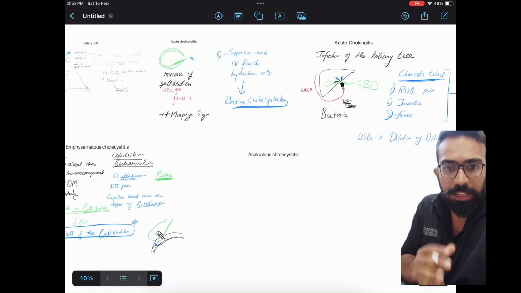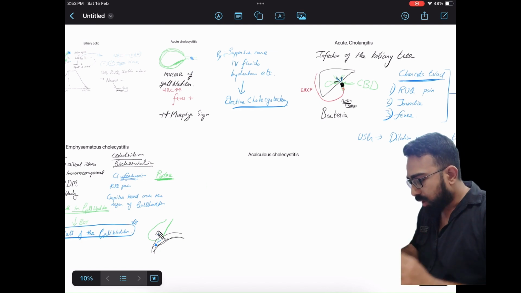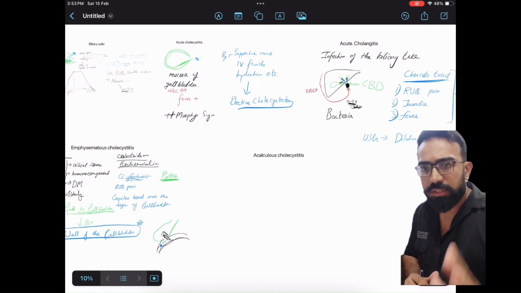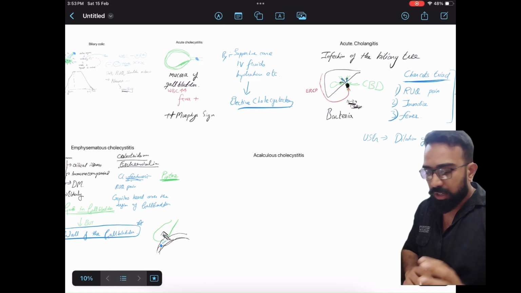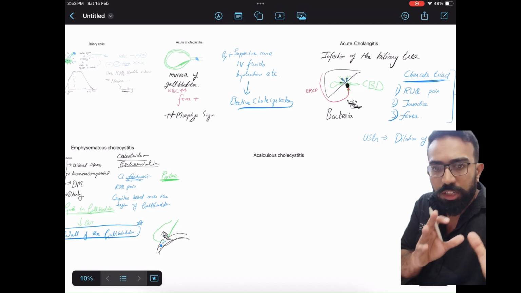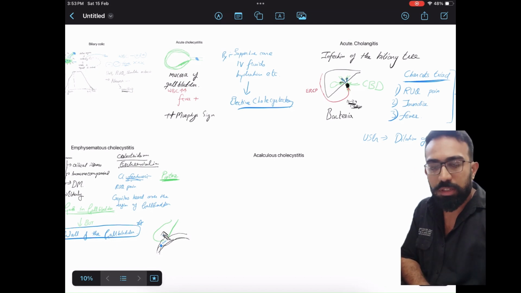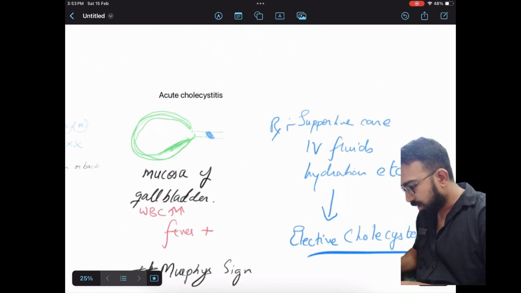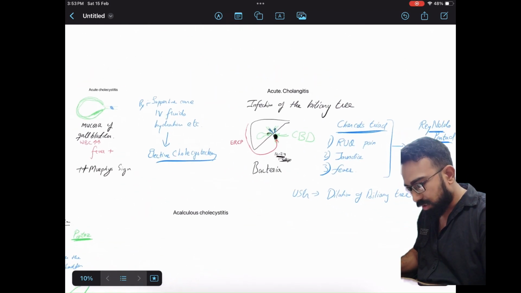Moving on to the next condition. Now imagine you have got everything that is of cholecystitis and of cholangitis. Everything is falling into the picture, but there is a twist. The twist is that there is no gallstone. In acute cholecystitis, there was a gallstone.